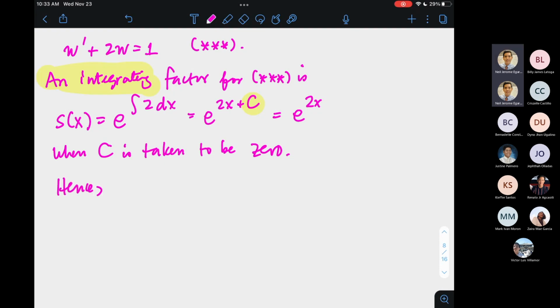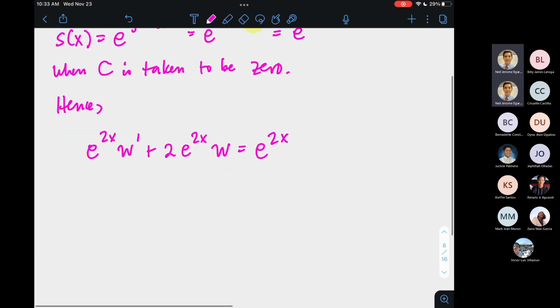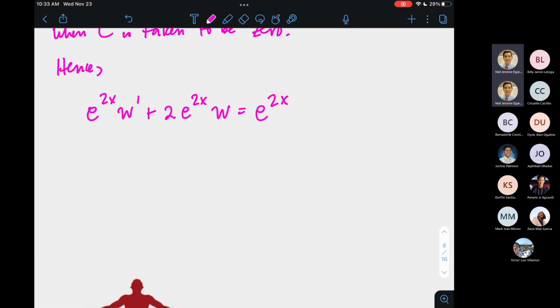Hence, we'll get e to the 2x w prime plus 2e to the 2x w equals e to the 2x. All right? And the nice thing about the integrating factor that we chose, kaya natin ganun pinili yung integrating factor, so that the left-hand side will be the derivative of e to the 2x times w.